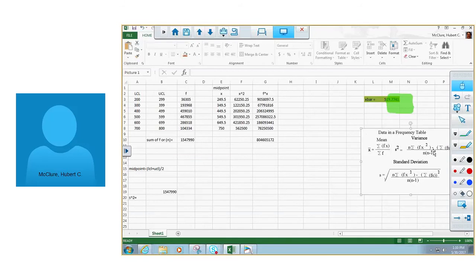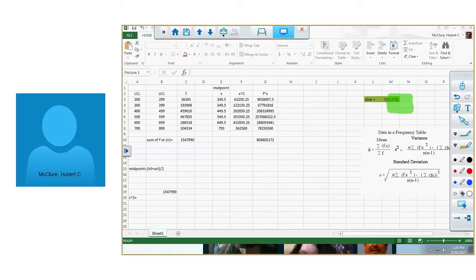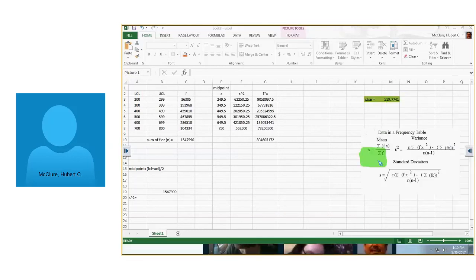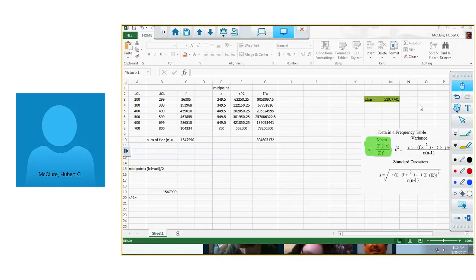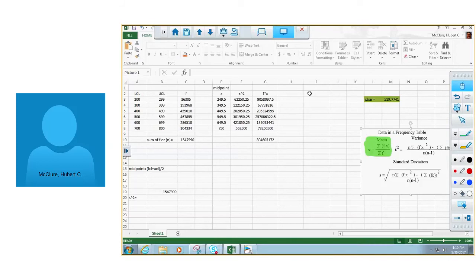Okay, what does it say? Summation of F times what? Have we multiplied F times X squared? Okay. And we need to multiply F times X squared. So I'm going to go over here, and I'm going to do it separately over here. I'm going to go F times X squared.